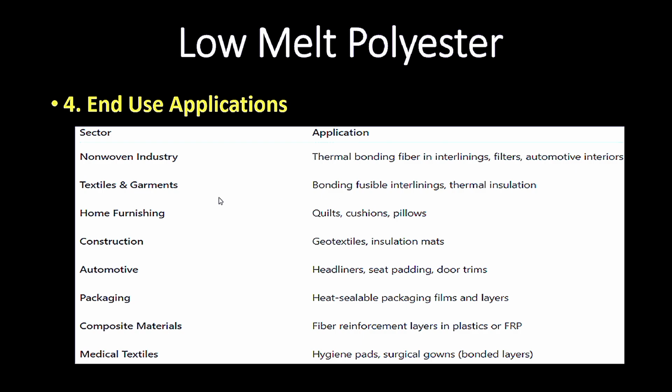Second application is textiles and garments: bonding, fusible interlining, thermal insulation. Third application is home furnishing: quilts, cushions, pillows. Fourth, it is also used in construction, like geotextiles, insulation, mats.